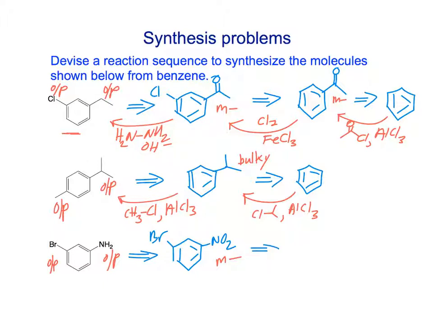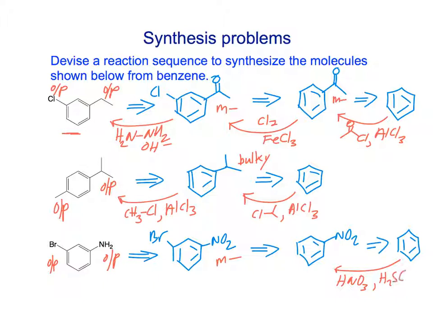Okay, and so then we go back just to the nitro and back to benzene. Right, so our first step is just going to be the nitration reaction, HNO3 and H2SO4, nitration. Then we need to do the bromination. The nitro group is meta-directing, so the bromine will go meta to the nitro group.